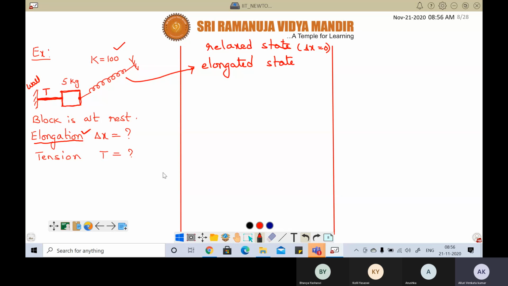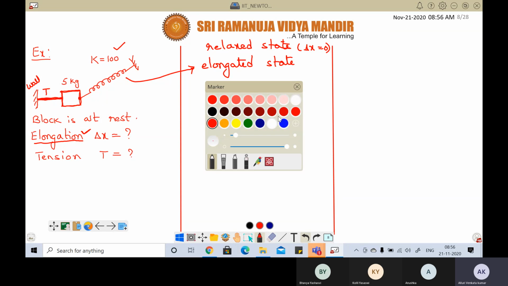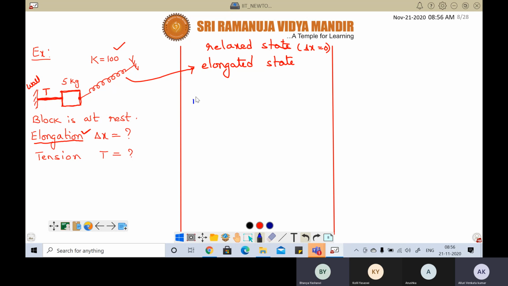Can you try? Only draw the free body diagram of the block. And if the forces are not in either x or y, resolve, and apply F net equal to MA. That's all, only 3 steps.